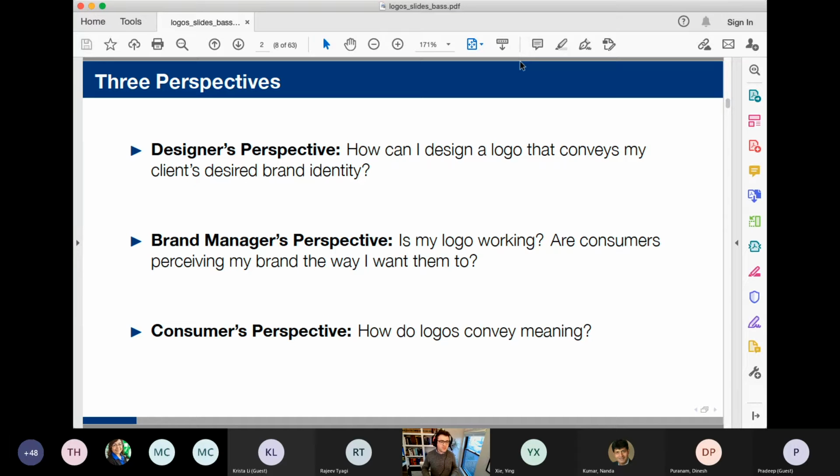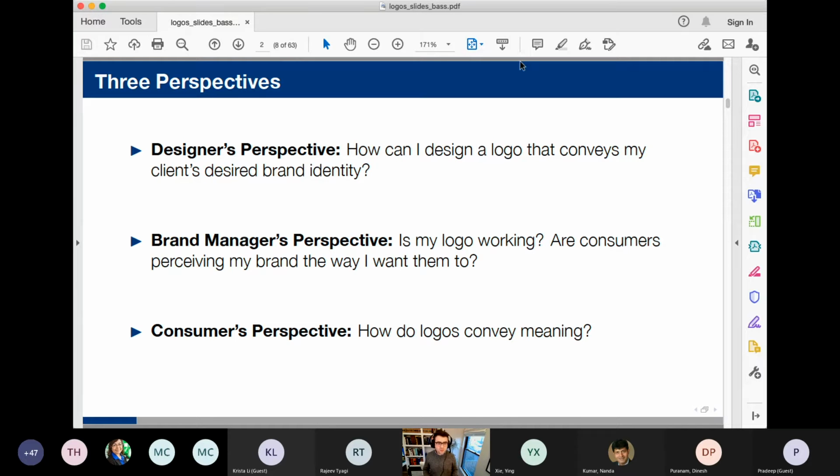And then finally, of course, there's the consumer's perspective. The consumer's perspective is just thinking about how logos convey meaning. If I was a consumer, which I guess I am, and I went on the street and saw a new logo in some context, what would I make of that? What guesses or inferences would I draw about that logo? The reason these three perspectives are super relevant is that they are going to motivate different aspects of our model.